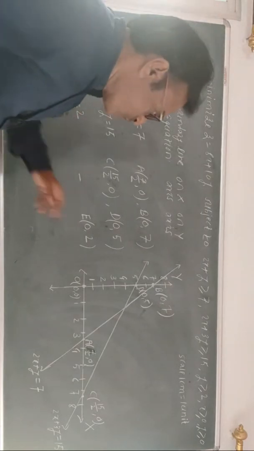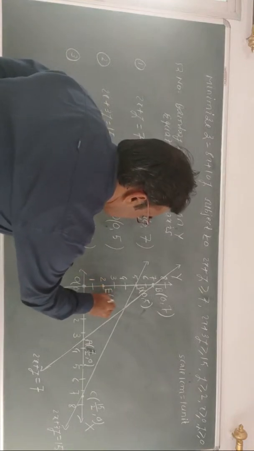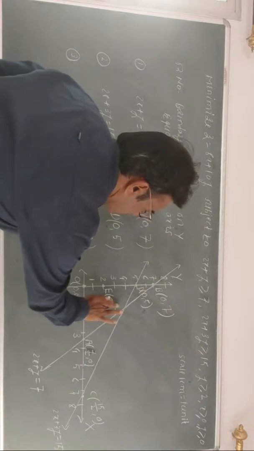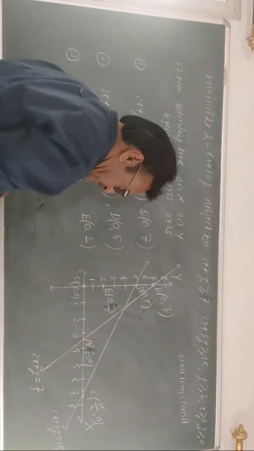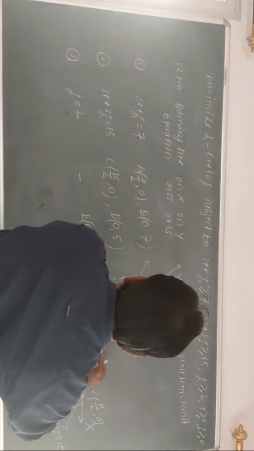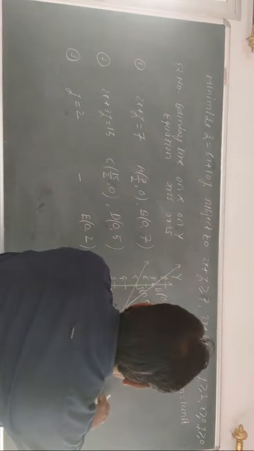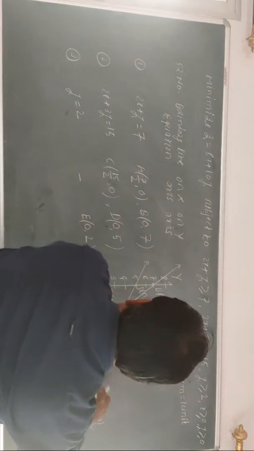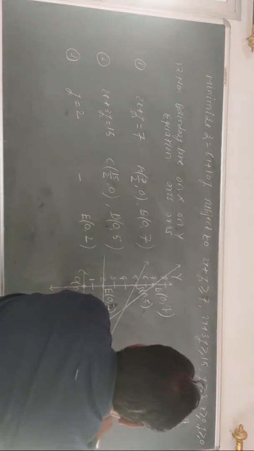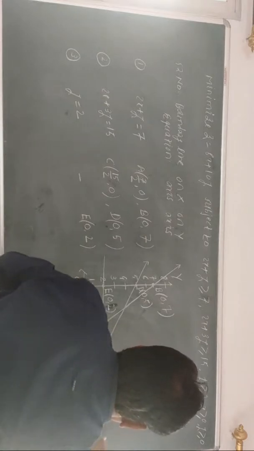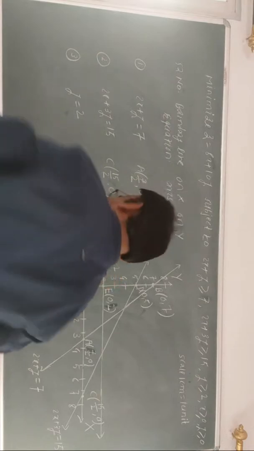So this line passes through the point E (0, 2). We draw this line parallel to the x-axis, and the equation of this boundary line is y equals 2.